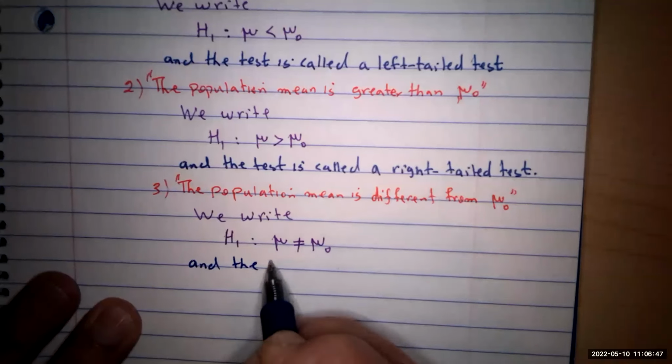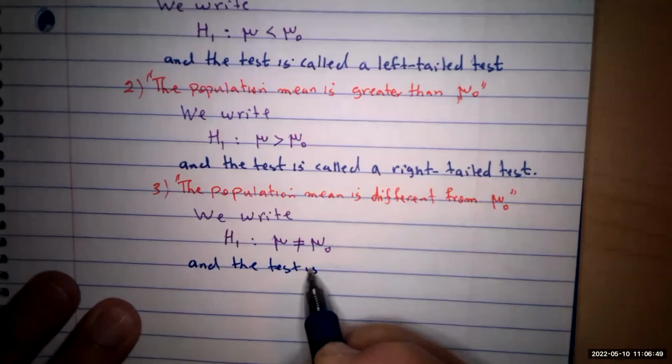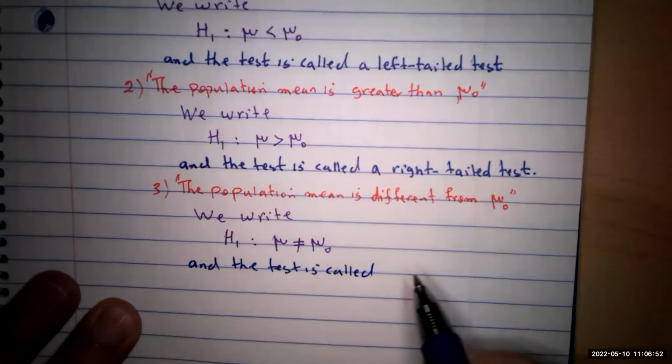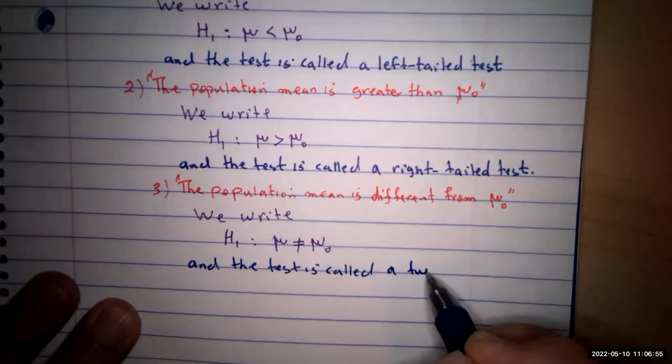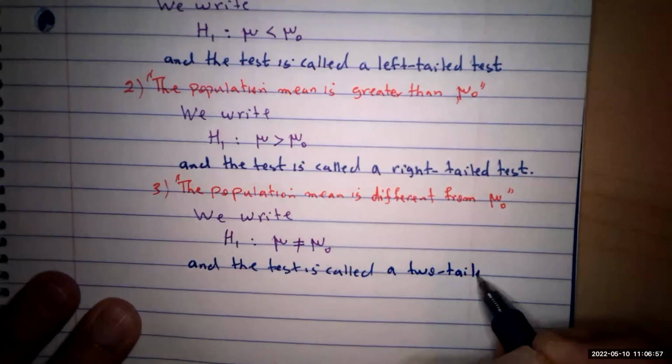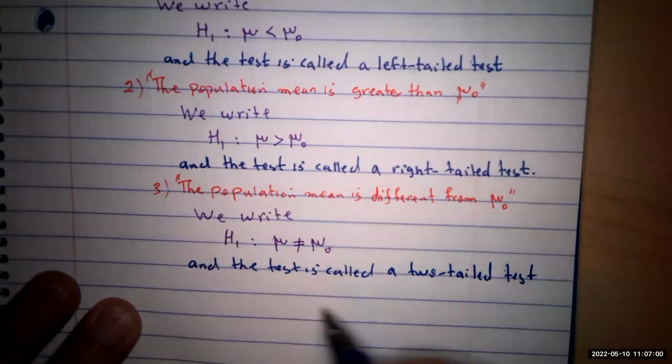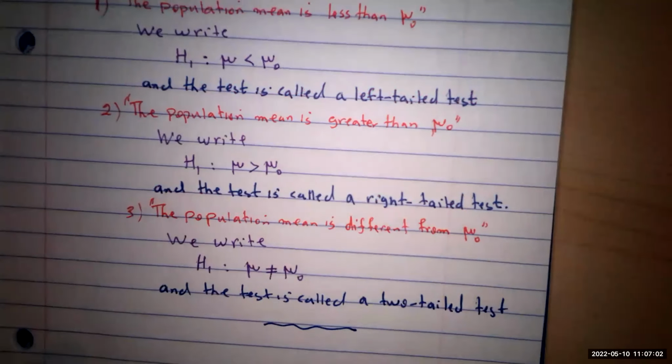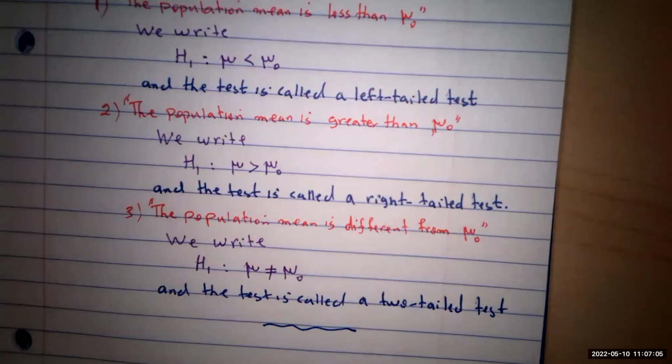And the test is going to be called a two-tailed test. Okay, so this is how we set up the H0 and the H1, the alternative that we're going to check. Any question? So we set up our test, but we need a machine to conclude.